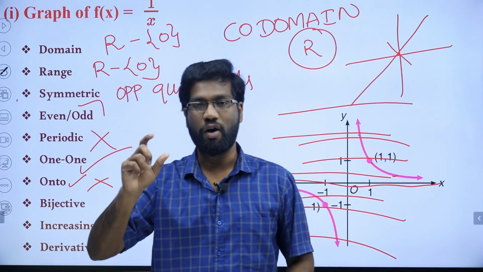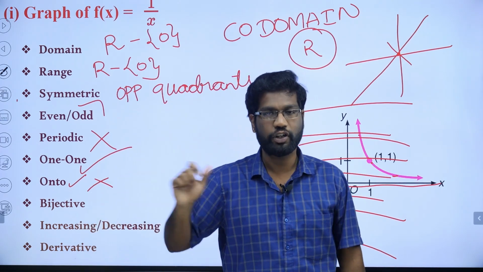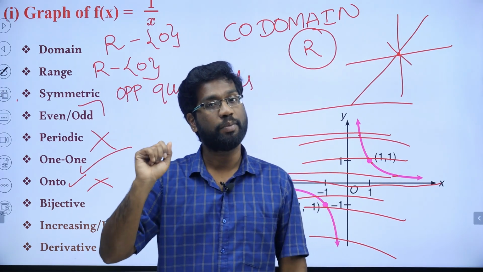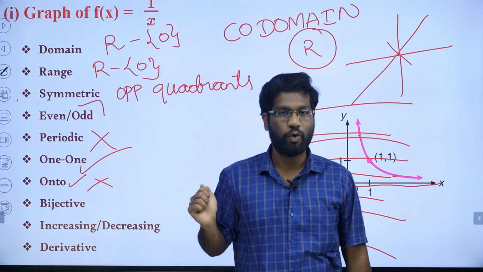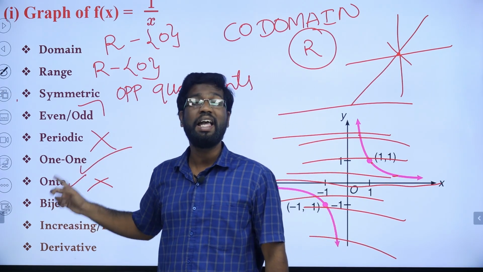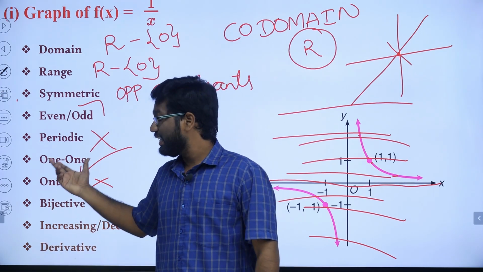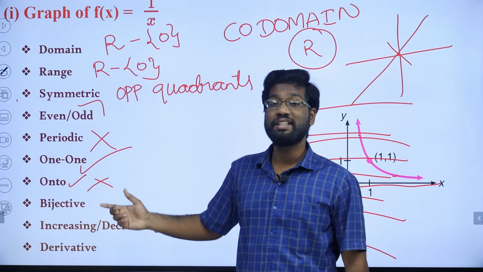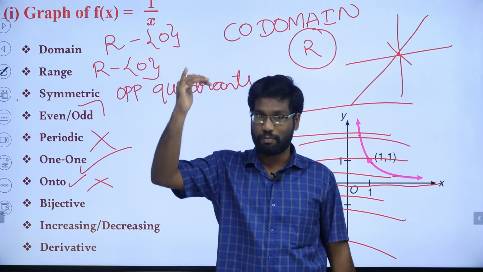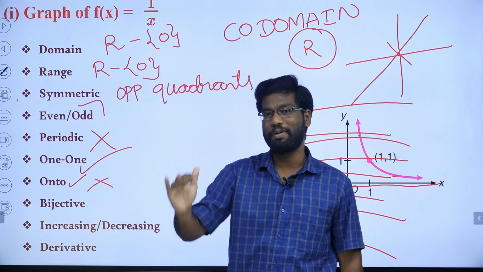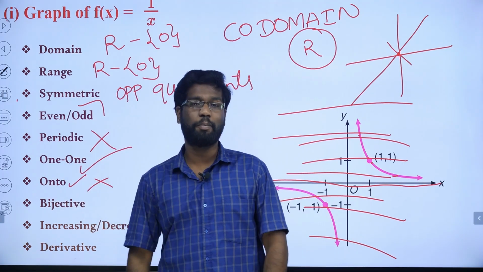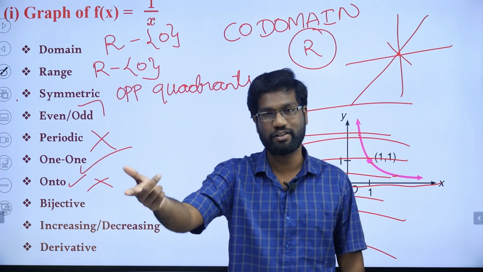So whenever they are asking you whether it is an onto function or not, maybe they will confuse you, my dear students. At that time you have to be very careful how to find one-to-one and onto functions, because these applications are very important in calculus, my dear students. You can directly say whether it is one-to-one, and there are so many results. If it is one-to-one, some properties it will satisfy. Like that, onto function also will satisfy some properties in calculus, so that you can directly solve it.